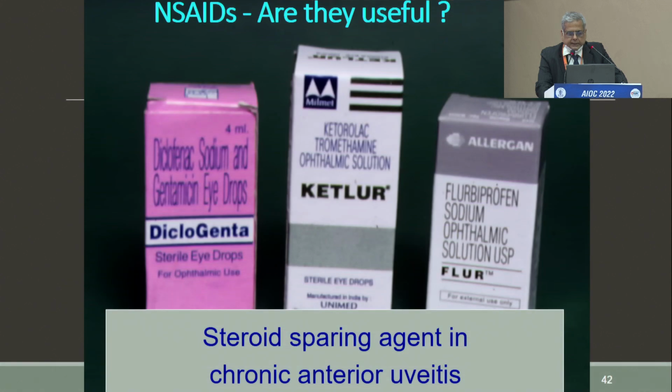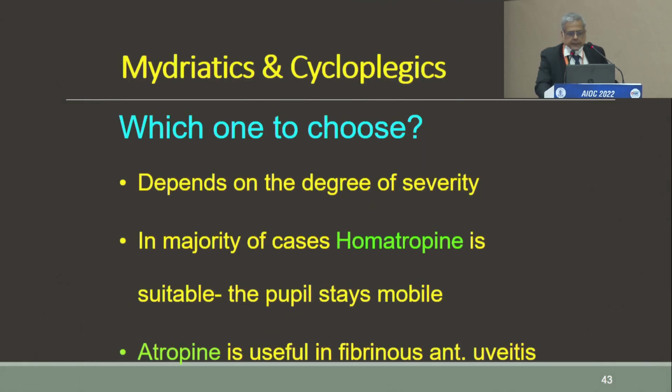Less chance of risk of IOP rise. NSAIDs I give to patients with JIA when it is completely under control. Sometimes I put the patients on long-term non-steroidal anti-inflammatory agents.